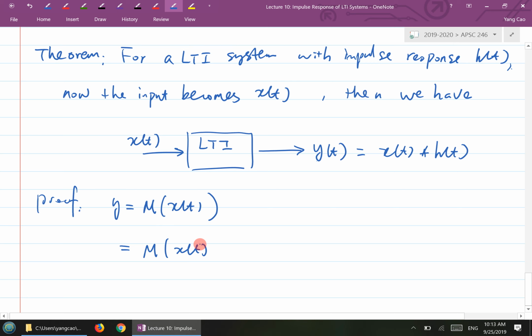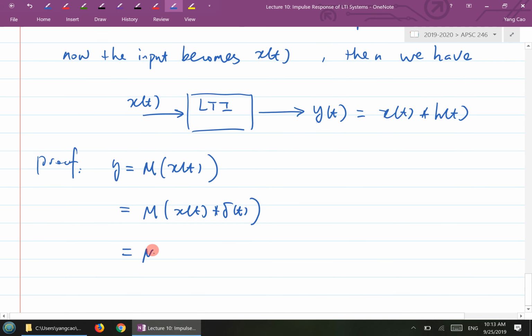This is a property we'll make use of that we just found out. If I convolve this x of t with delta of t, as I have just shown you, any function convolved with the impulse function will give you back x of t. So this is not changing anything, still x of t.